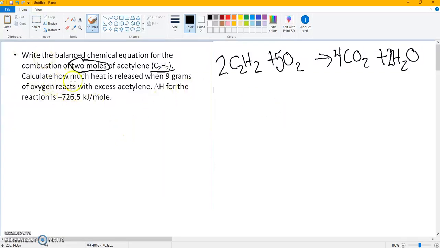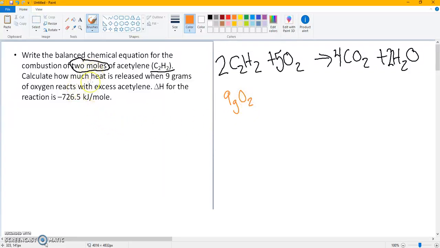Now it asks me to calculate the heat released when 9 grams of oxygen react with excess acetylene. Because it says excess, I know that my limiting reactant is oxygen. So I can just start off with 9 grams of oxygen.